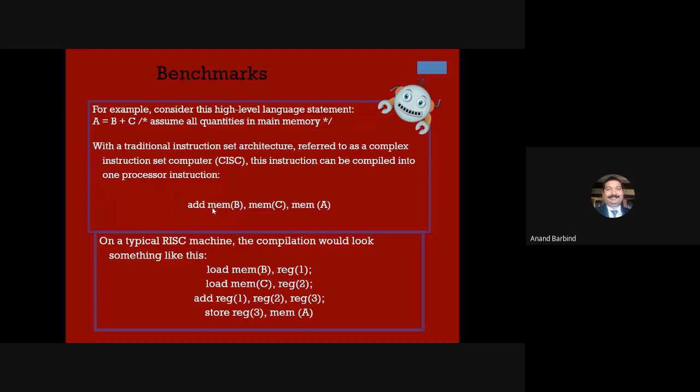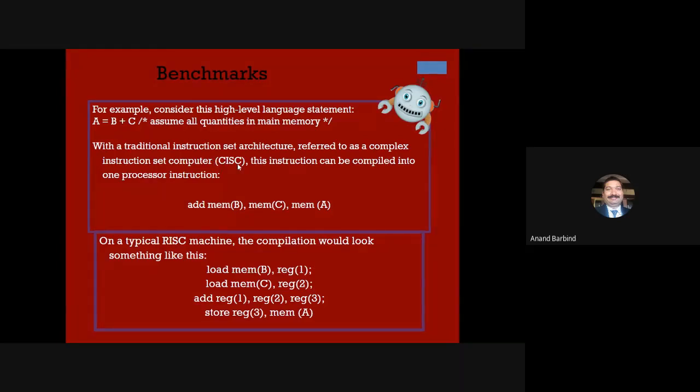A single instruction is required on a computer which has the complex instruction set, which is the CISC type of computer.